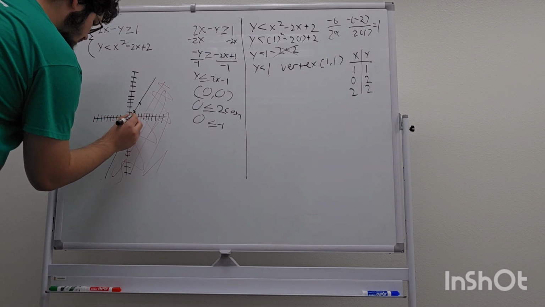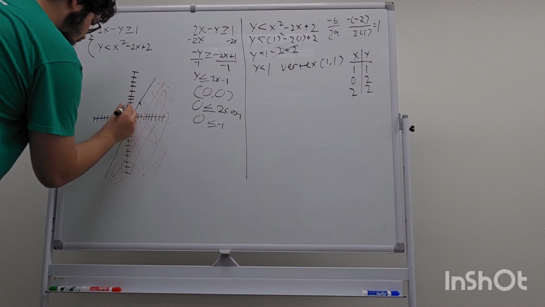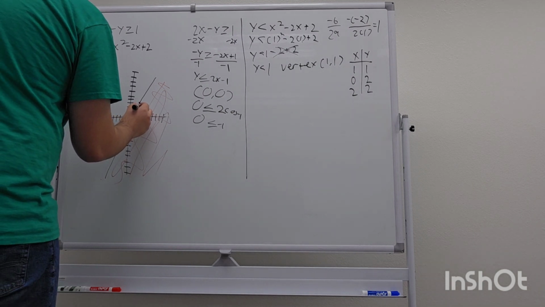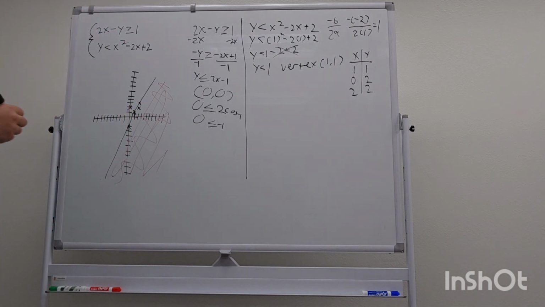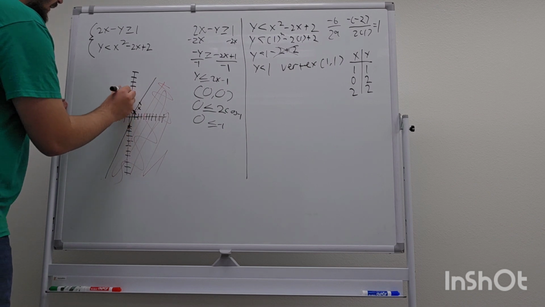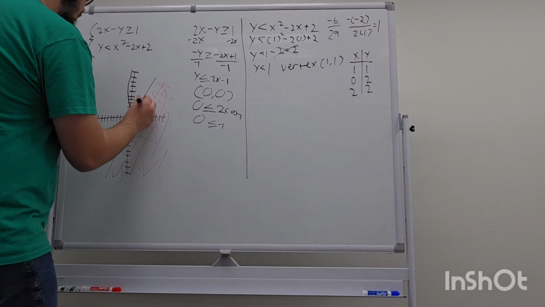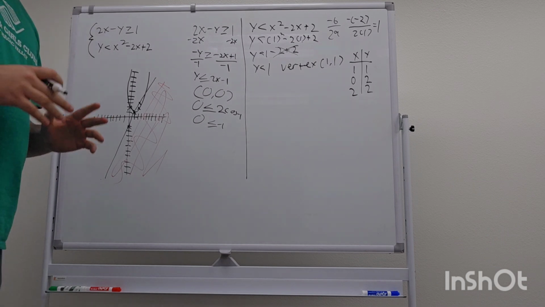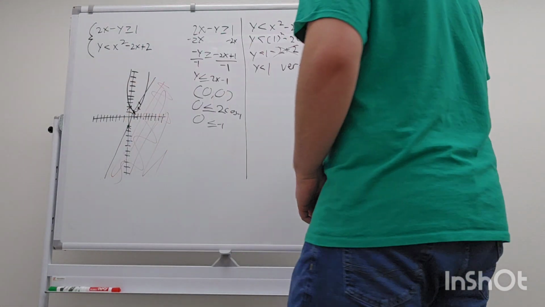So 0, 2 is right here. Then we come over to 2, 2 is right here. So we can graph our parabola.